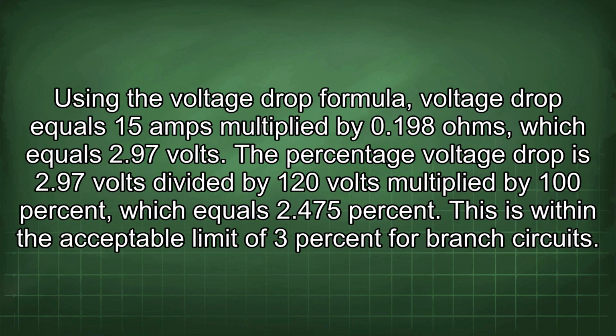Using the voltage drop formula, voltage drop equals 15 amps multiplied by 0.198 ohms, which equals 2.97 volts. The percentage voltage drop is 2.97 volts divided by 120 volts multiplied by 100%, which equals 2.475%. This is within the acceptable limit of 3% for branch circuits.